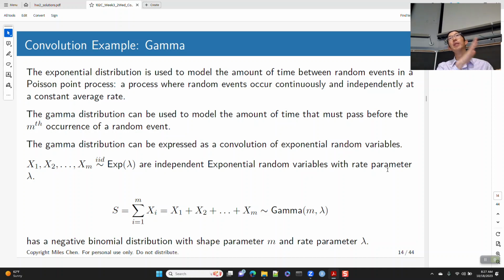Okay, exponential distribution is, if you have this Poisson point process, which just says things happen at random intervals, the exponential distribution is how much time between one event and the next event. So how much time between one customer and the next customer arriving. Maybe one customer arrives immediately after the other, and so you have a 0 wait time.